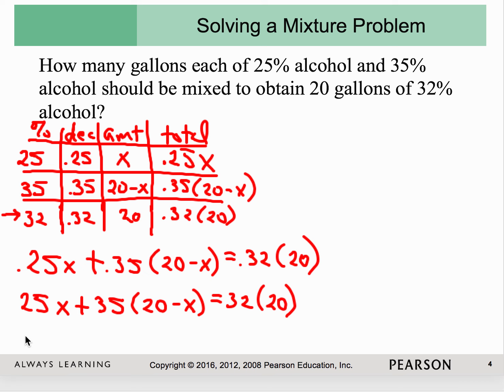Let's get rid of parentheses. 25x plus, what's that, 700 minus 35x equals 640. Just doing your multiplication. Combine your like terms.